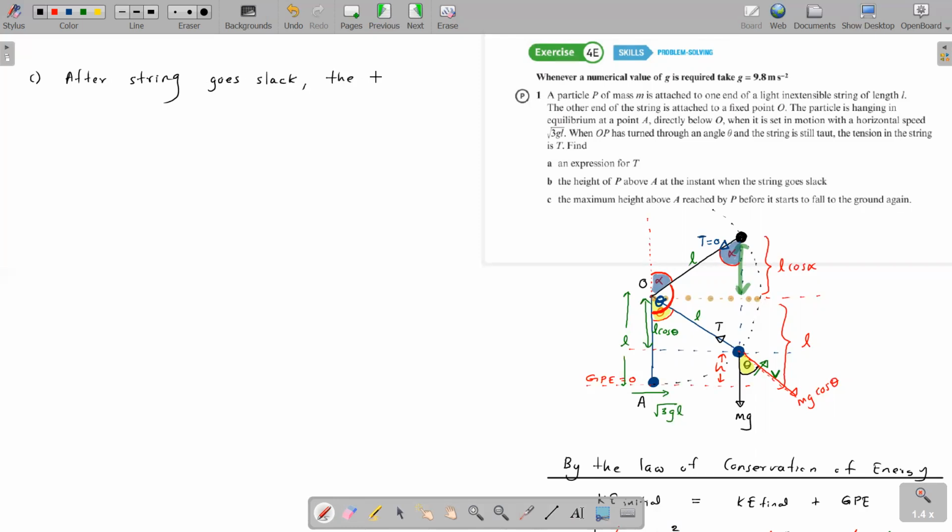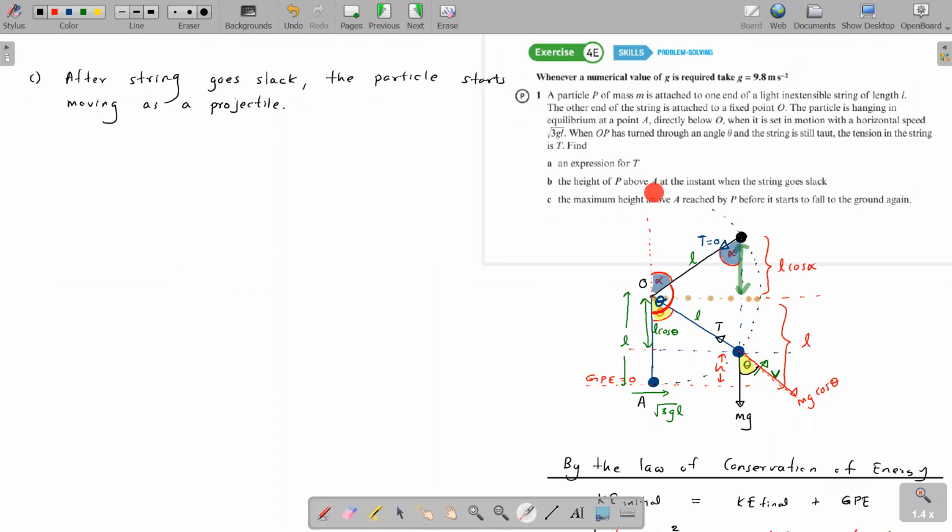The particle starts moving as a projectile. So guys, we are in M2 now. The particle starts moving as a projectile. So this is now going to be entirely dependent on M2 projectile theory, the stuff you need to know in M2.